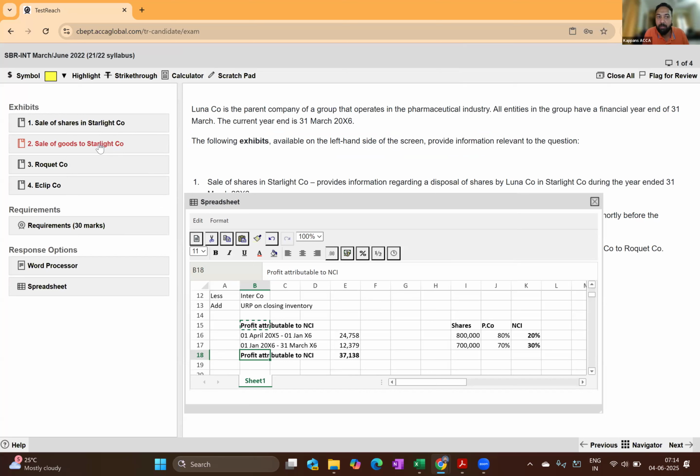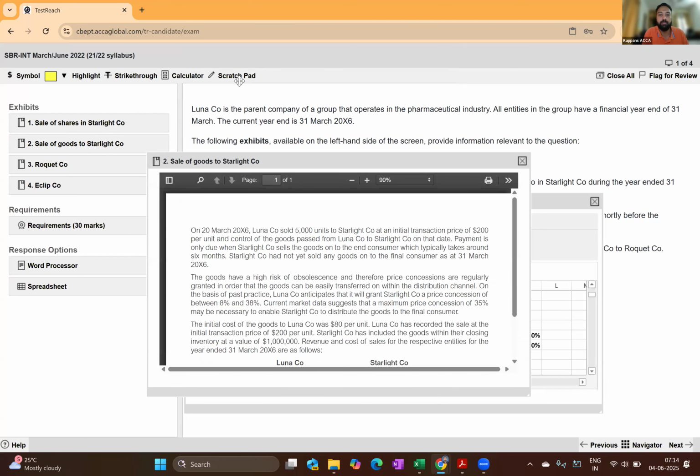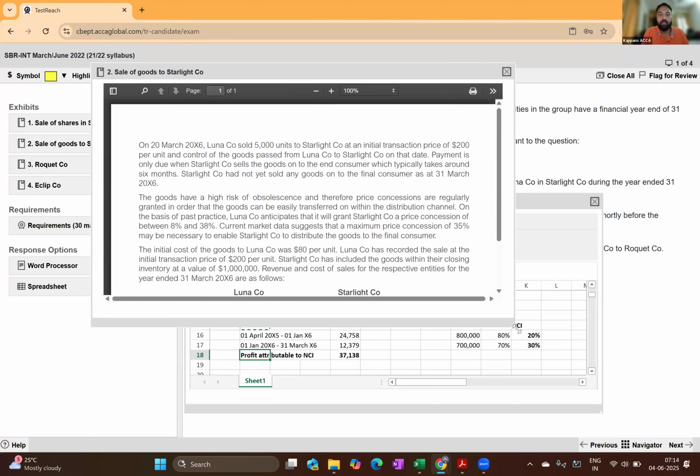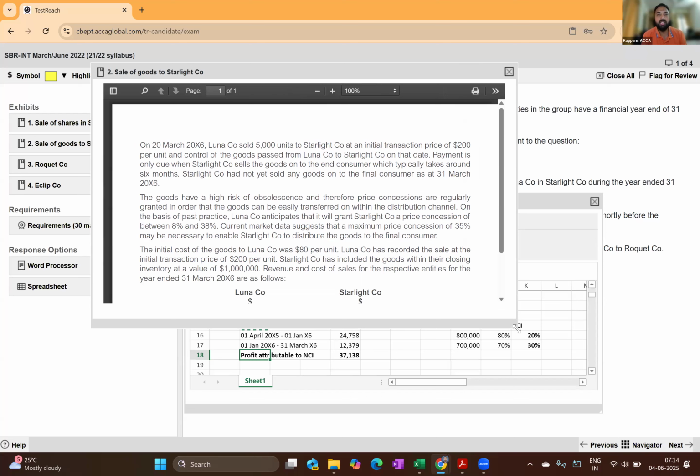So reading exhibit number 2, sale of goods to Starlight Company. Remember, Starlight is a subsidiary company. On 20th March 20XX, Luna Company sold 5,000 units to Starlight Company at an initial transaction price of $200 per unit, and control of goods passed from Luna Company to Starlight Company on that date.